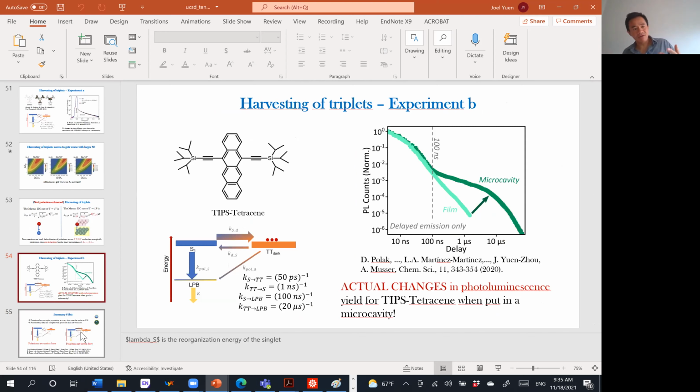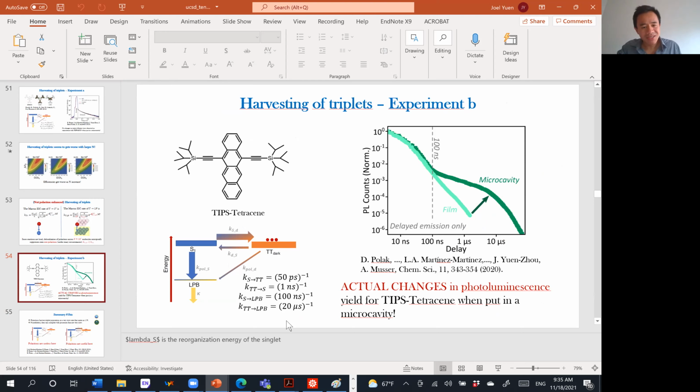then a colleague of mine at Cornell University, Andrew Moser, did a similar experiment but with a different dye with a different type of photophysics, and it turns out that in that case they were doing triplet annihilation. In that case, they did see an enhanced photoluminescence at long times. And we did a simple model for them.